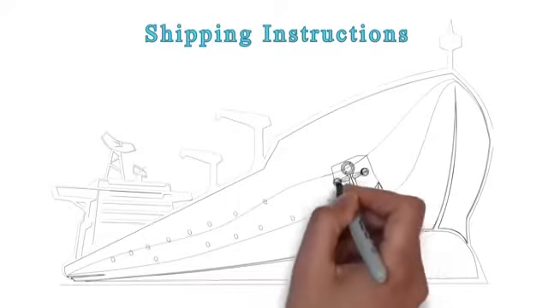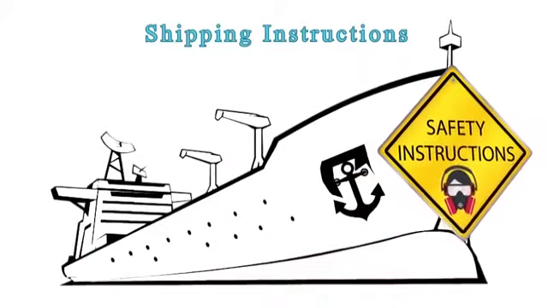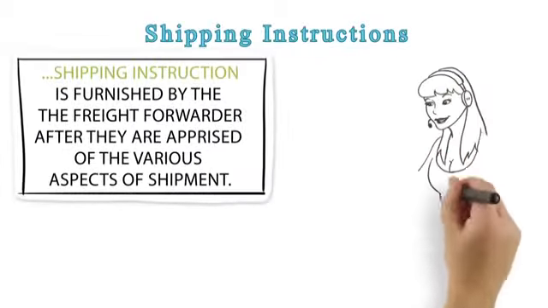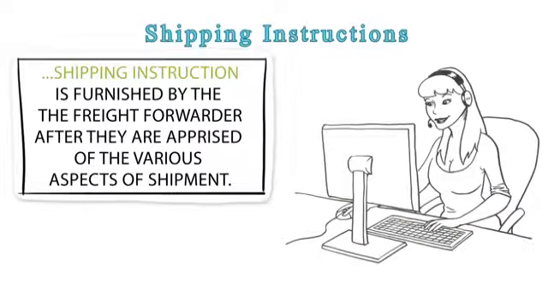So, they have to be shipped under appropriate safety instructions as per various international conventions like HAZMAT, IATA, FIATA, SOLAS, etc. Shipping instruction is furnished by the freight forwarder after they are apprised of the various aspects of shipment.